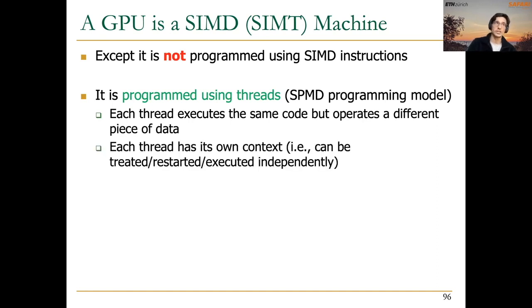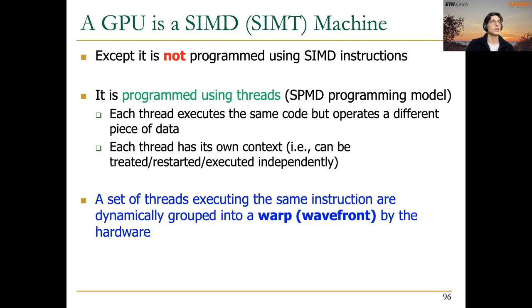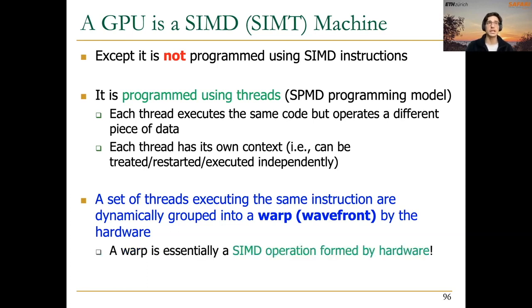So each thread has its own context. It might be started or paused or restarted independently, but the hardware is going to dynamically group the threads executing the same instruction to form something called a warp, or a wavefront in the GPU terminology. And this warp or wavefront is essentially a SIMD operation formed by the hardware.